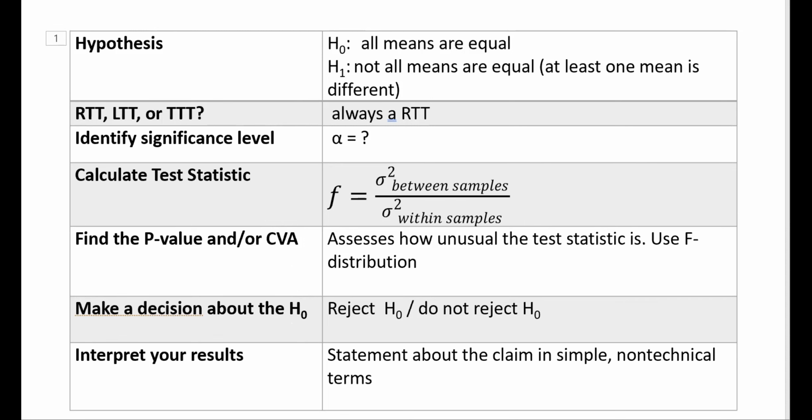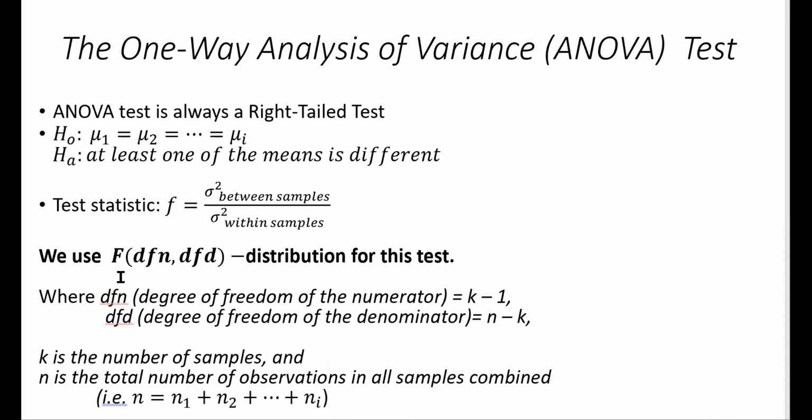Now, when you're calculating your critical value, for the degree of freedom of the numerator, you're going to put in k minus 1, where k is the number of samples, and the degree of freedom of the denominator equals n minus k, where n is the total number of observations and k is again the number of categories.